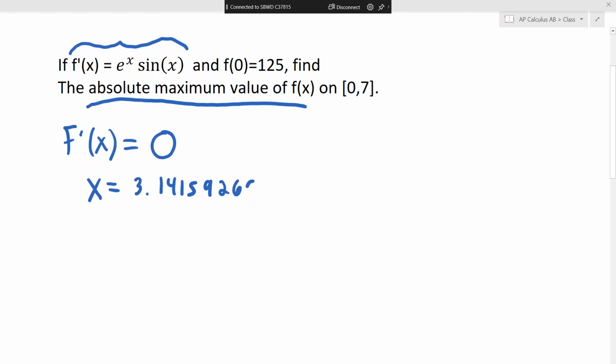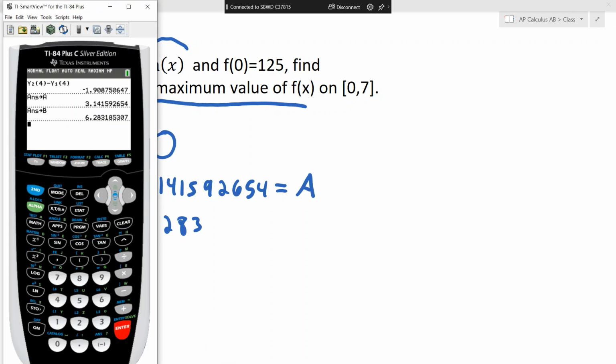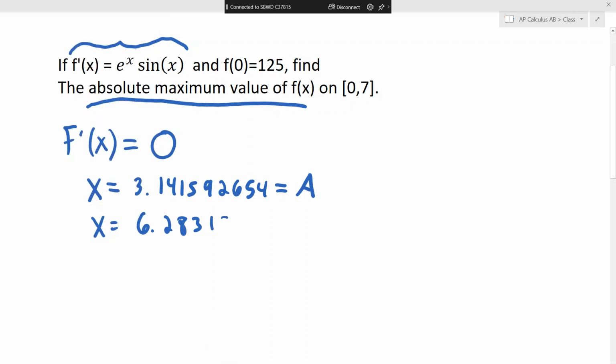Yes. And watch what I do. Equals A. So now anytime I want to write about that number on my paper, I can just write A instead of writing that number. Make sense? And then we also have an answer, x equals 6.283 something, 185,307.